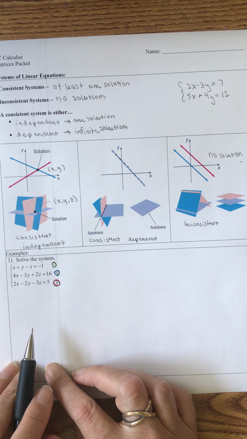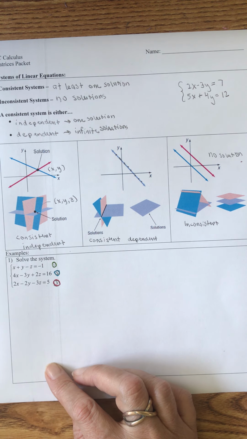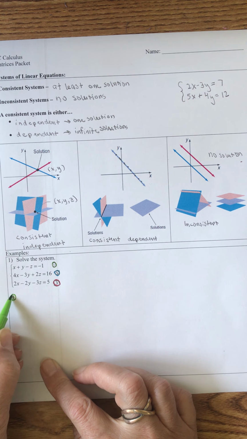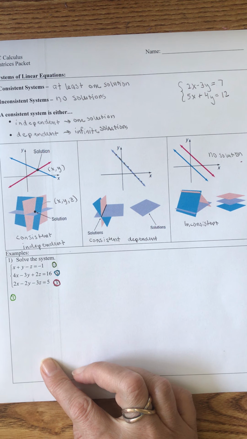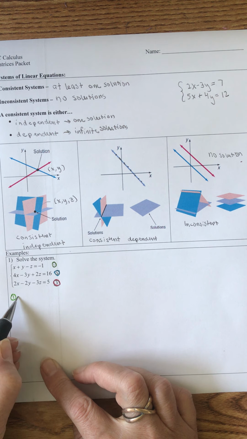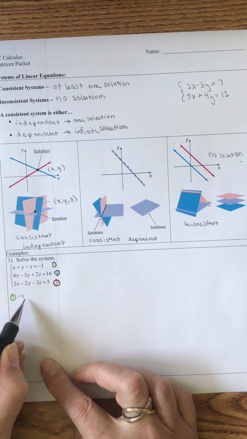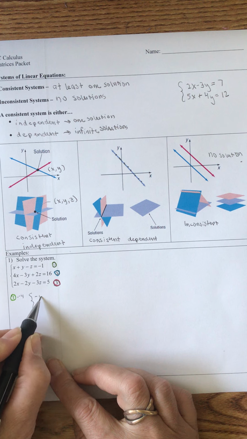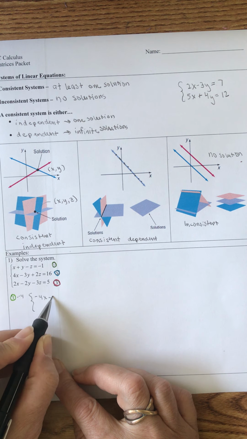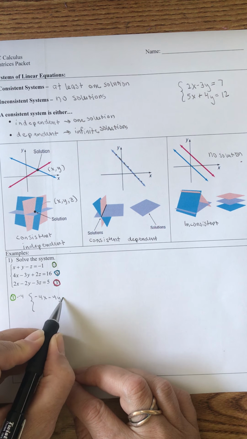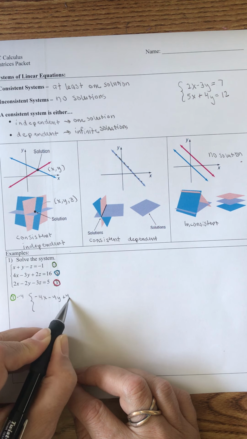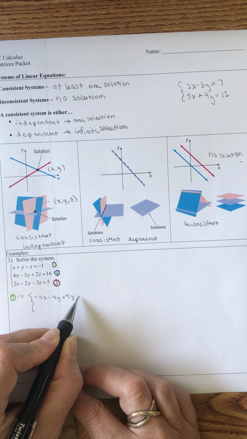So my first suggestion was to take equation 1 and multiply it by -4. And if I do that, I will get -4x minus 4y plus 4z equals 4.